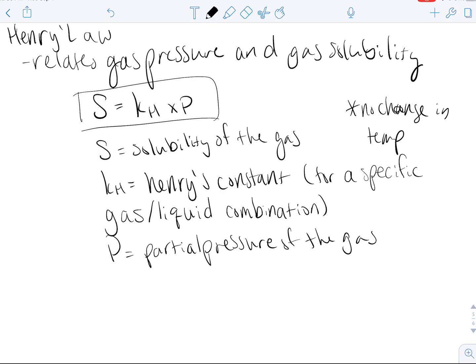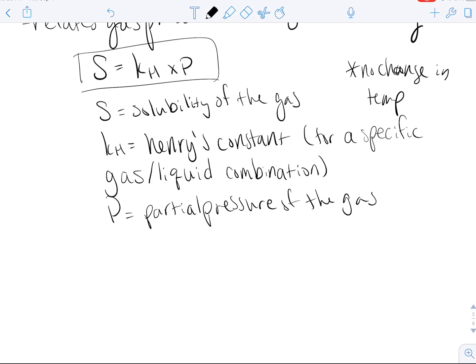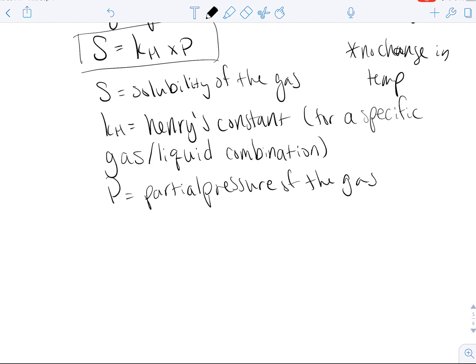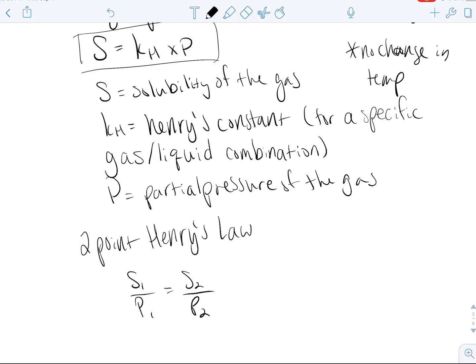If we have the same temperature, same gas, same liquid, we can use the two-point form of Henry's law, which is the one we usually use: S1 over P1 is equal to S2 over P2. If you know the solubility at a specific pressure, you can change the pressure and see what the new solubility is. That's it for this. Bye, y'all.